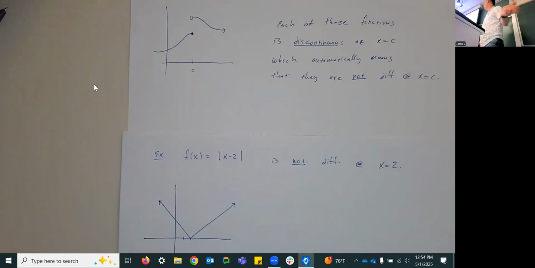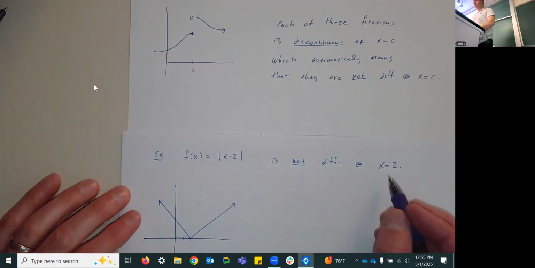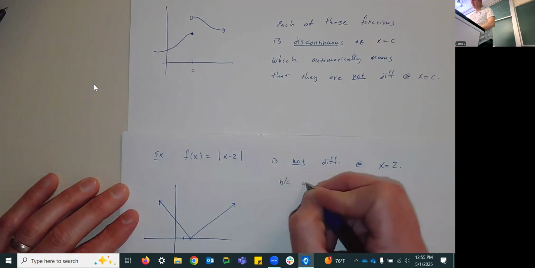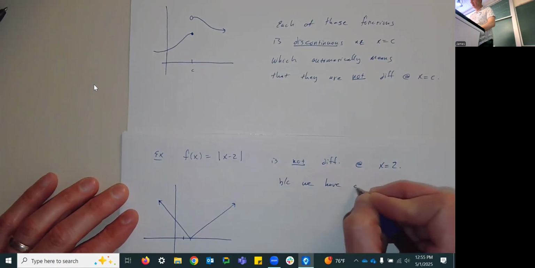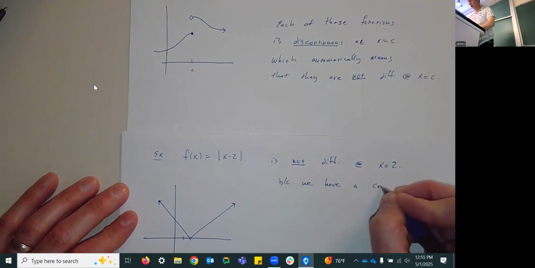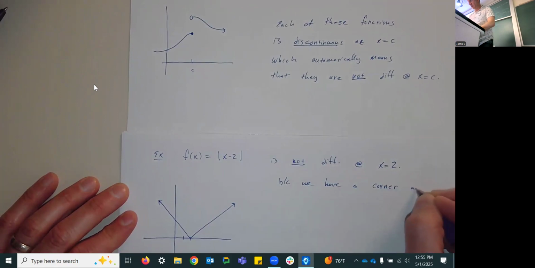And why isn't it differentiable at 2? Because the function isn't smooth. That's the way I really think of it. And actually, smoothness is a slippery slope because there are some smooth functions that still aren't differentiable, and we'll see one in a second. But this one is not differentiable at x equals 2 because we have a pointy point, specifically a corner at (2, 0).